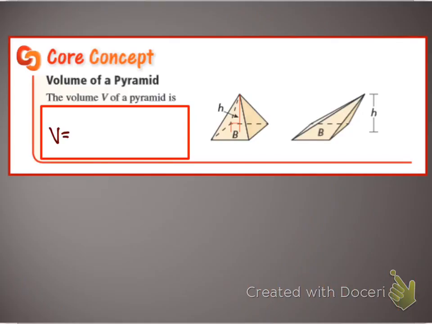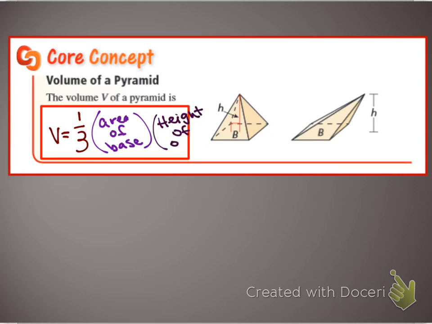The volume of a pyramid is 1/3 times the area of the base times the height of the object.